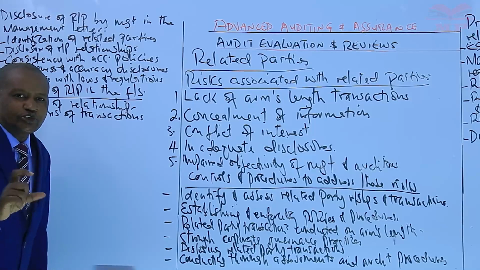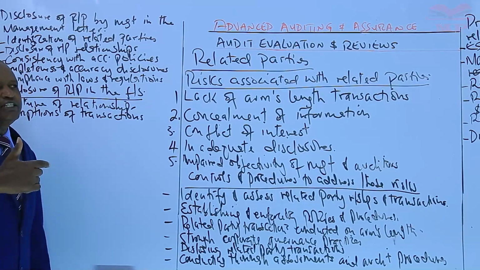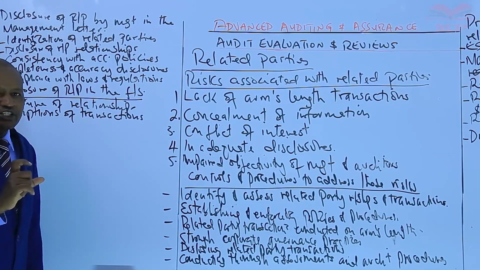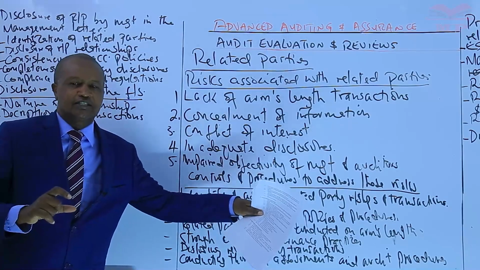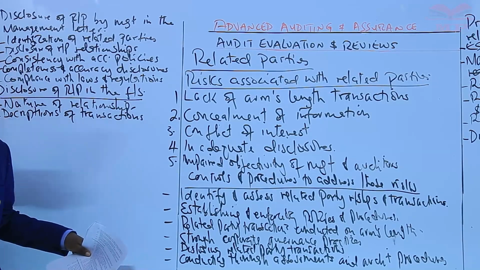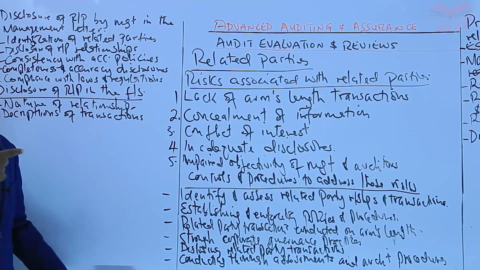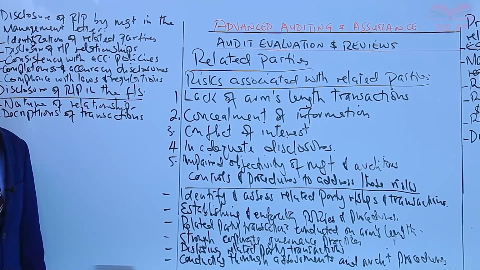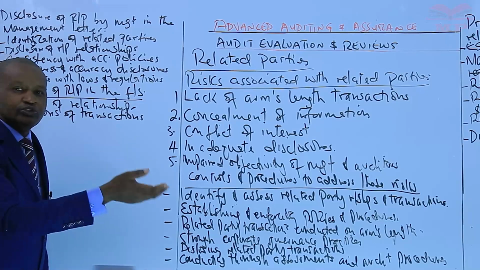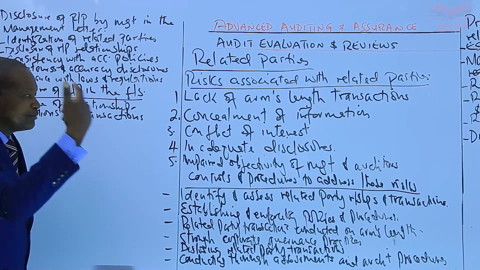Candidates, the financial statements provide a description of significant transactions with the related parties. And that includes details of the nature, the terms and conditions of transactions, such as the type of goods or services exchanged, the amount of the transactions, and any outstanding balances.